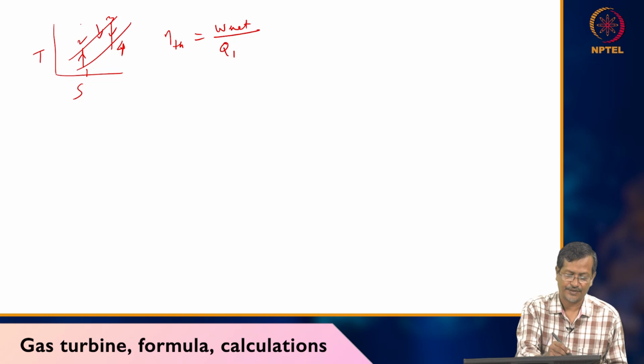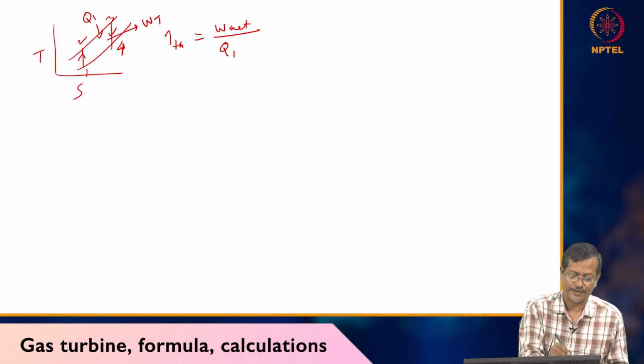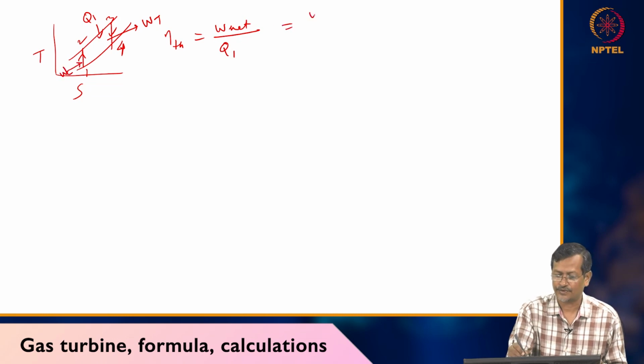Heat input is Q1, power output is W turbine, and this is W compressor. Net work is W turbine minus W compressor, divided by Q1, the heat input.